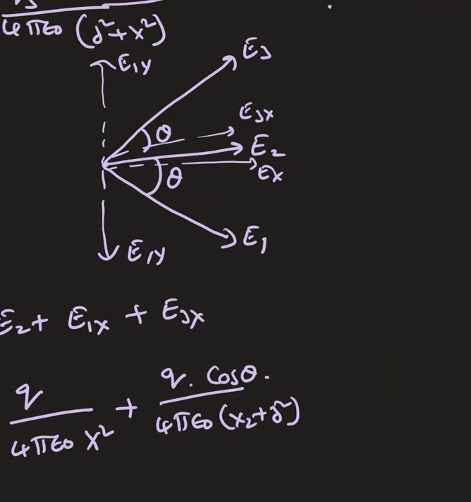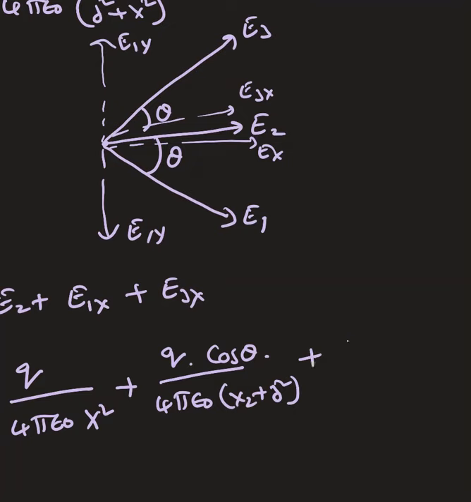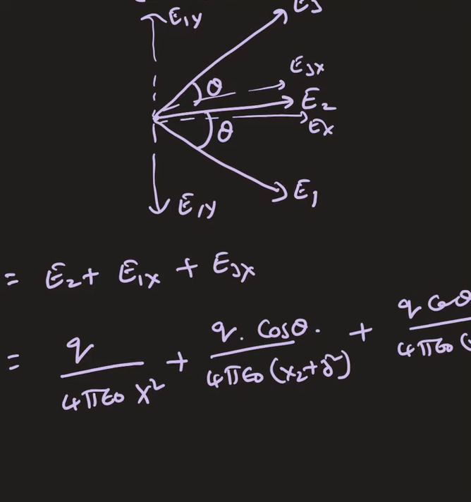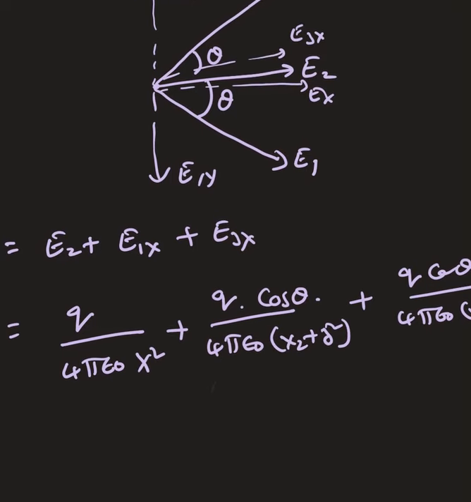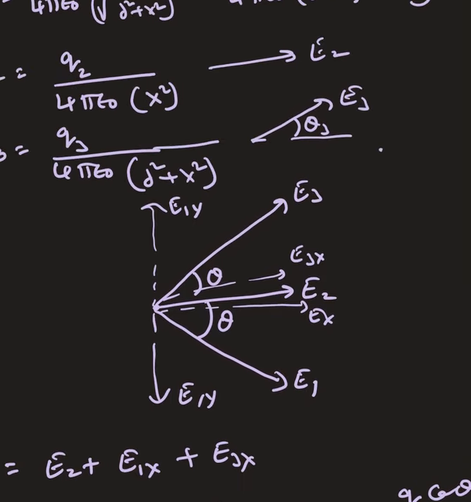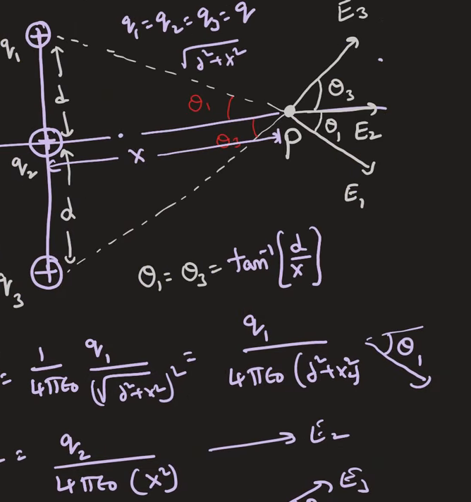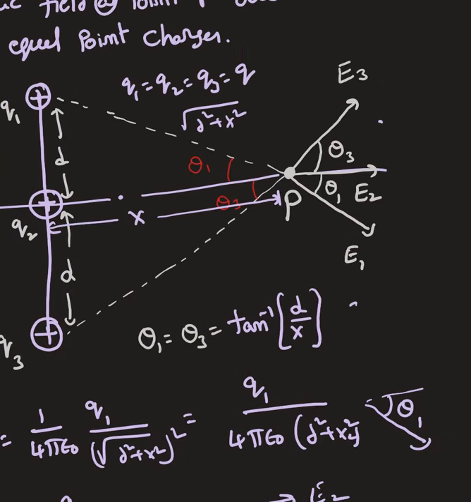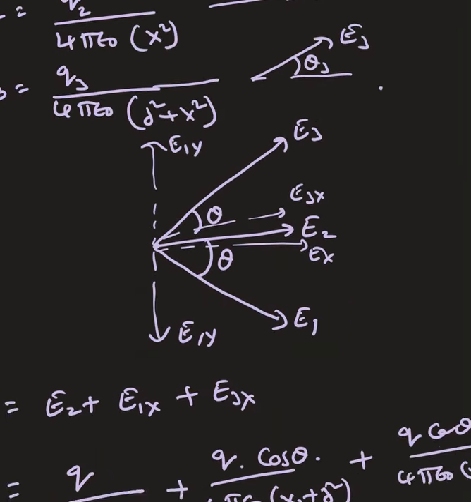E3x is the same, Q cos theta over 4 pi epsilon naught times x square plus d square. Q and 4 pi epsilon naught are the same. At the same time, can we define cos theta as x over the square root of d square plus x square? I'm going to use that.